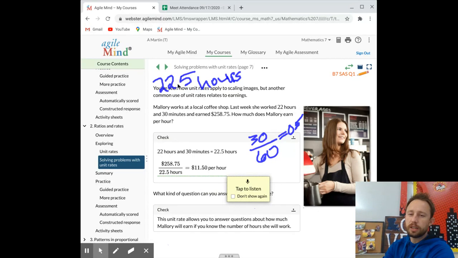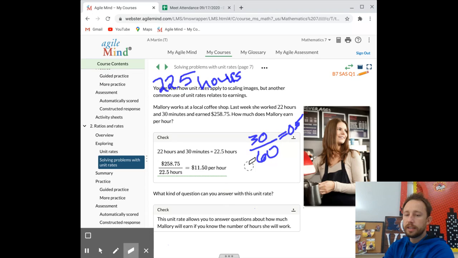This right here is question 1 in our workbook on page 59. And we're going to work on questions 2 through 4 on page 59 and 60. So we're going to do that on pages 8 and page 9 on Agile Mind in the computer.